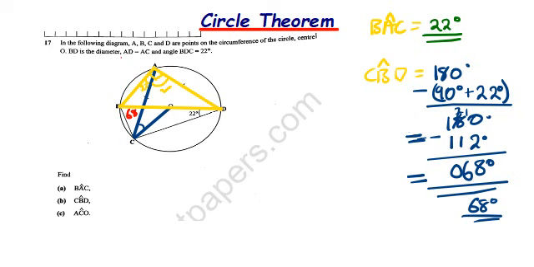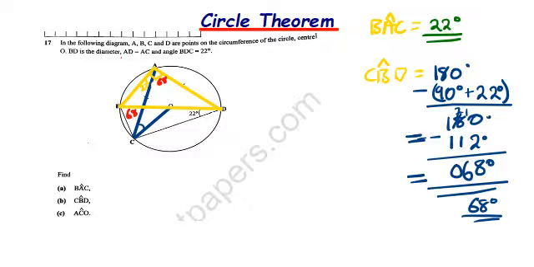If I say 90 minus 22, the answer that I'm getting is 68. So you just write your 68 there as well.